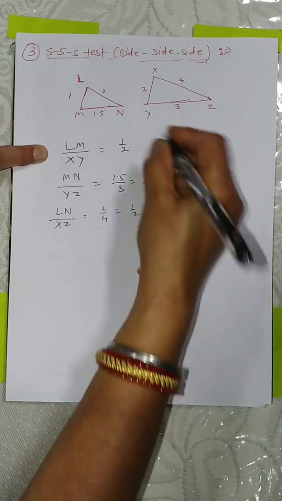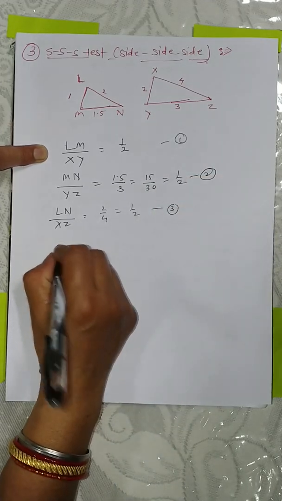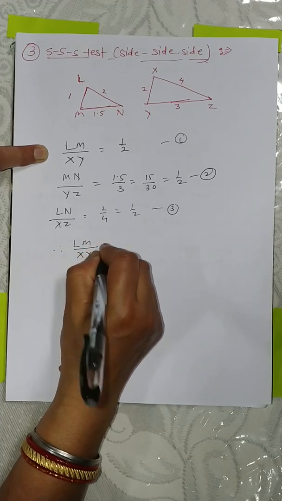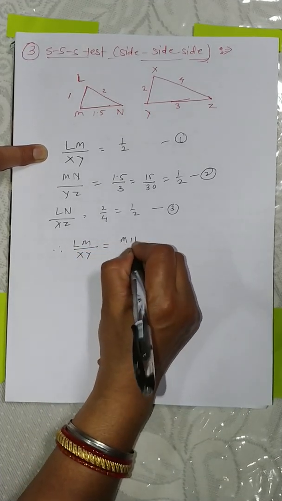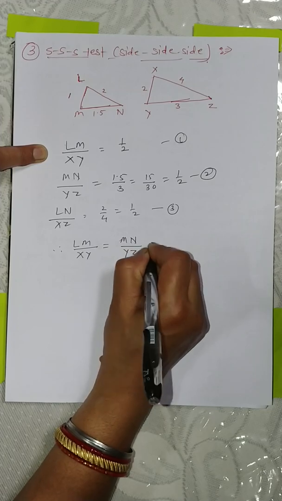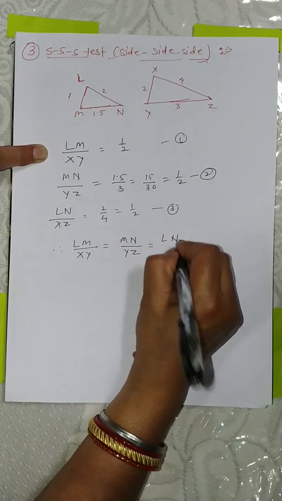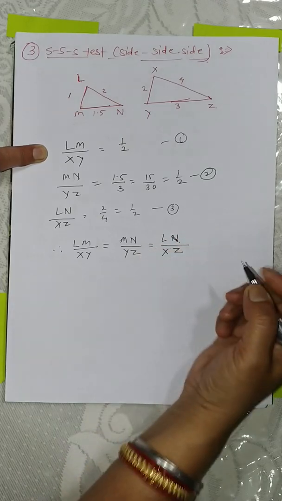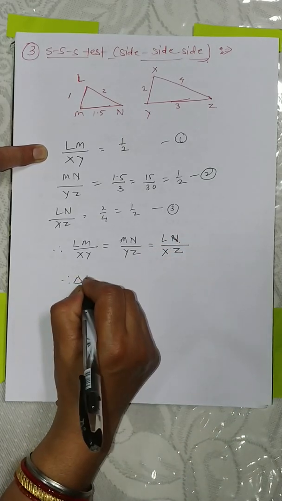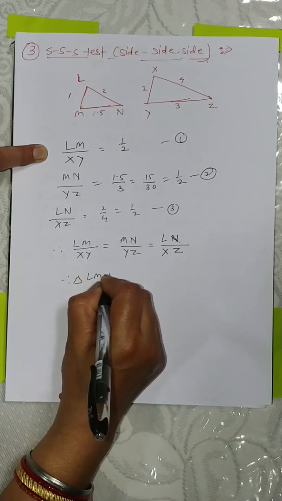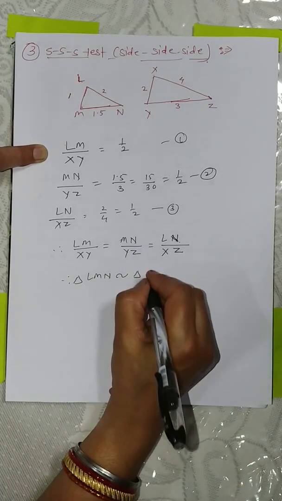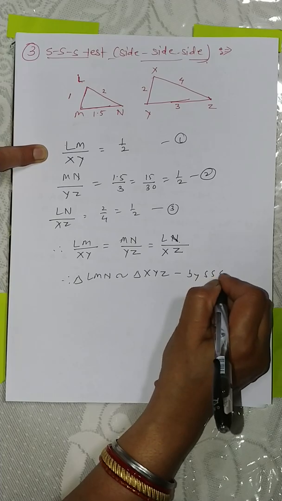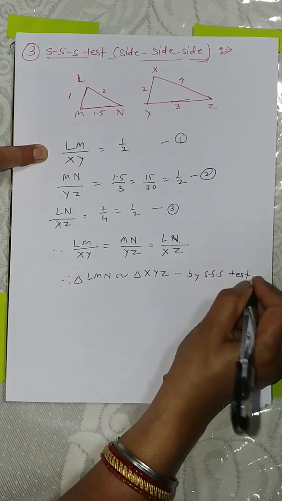So all the ratios are equal, that means the ratios are in proportion. So LM upon XY is equal to MN upon YZ, equal to LN upon XZ. And therefore triangle LMN is similar to triangle XYZ by SSS test.